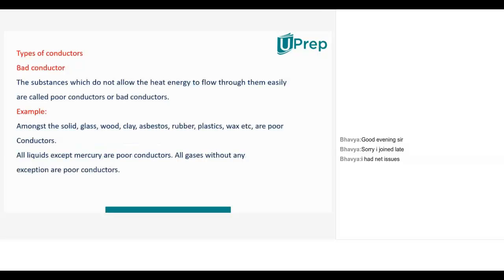In liquids, except mercury, all are poor conductors of heat energy. All gases without any exception are poor conductors. Mercury will be a conductor of heat energy.